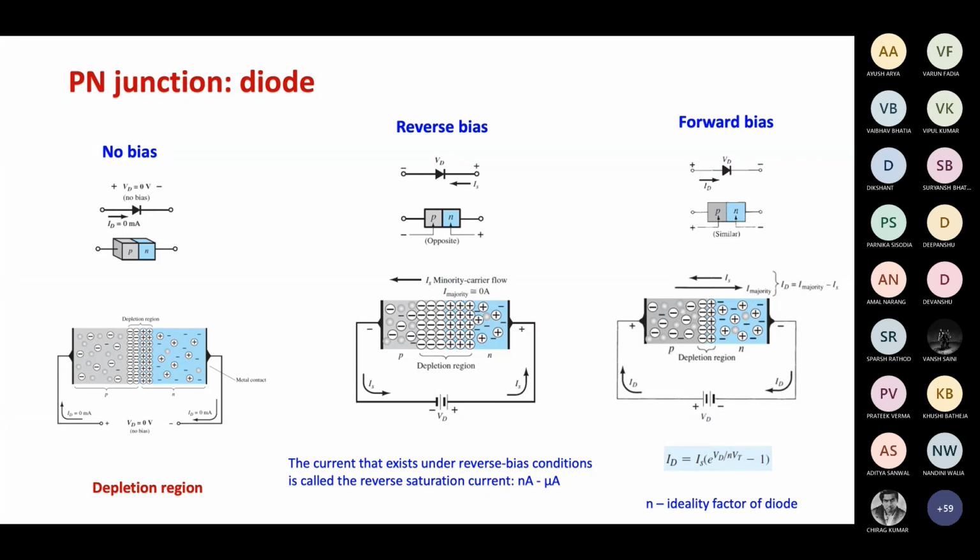Yes, sir. N is the ideality factor of the diode. Ideality means how ideal the diode is. As I mentioned in the beginning, the diodes that we manufacture are far from ideal, because during manufacturing we cannot make sharp junctions.